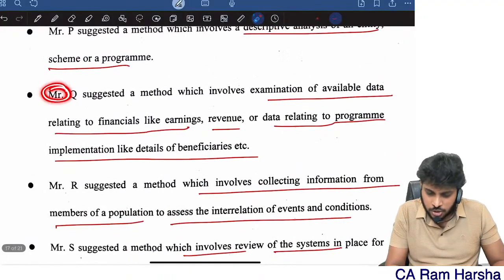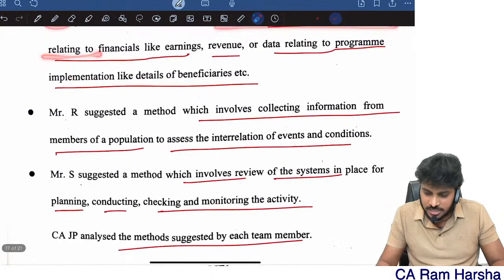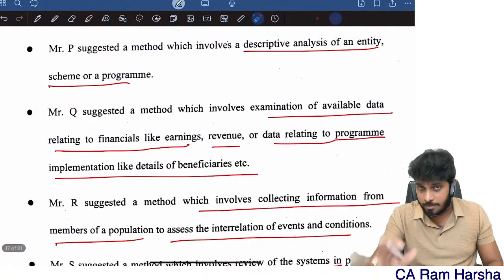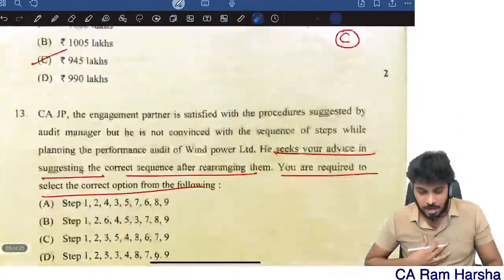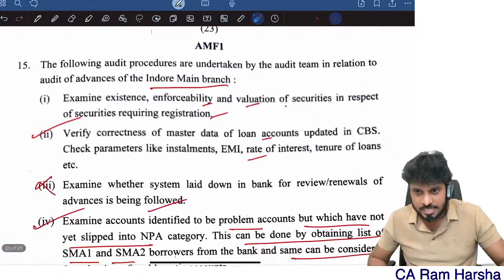Mr. Q has suggested examination of available data. This is also 100% data, the population. Mr. R also suggested it. Either Q or R is what I'm expecting. Personally speaking, this question is a little vague. I felt this PSU audit question was a little vague. Okay, next.